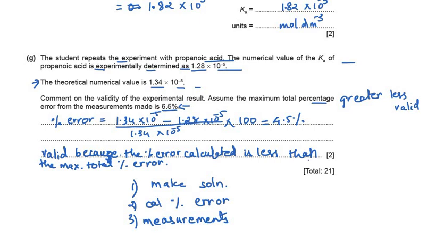Also you should know what the variables are: what is an independent variable, what is a dependent variable, what are controlled variables. All these are important points you should know. We also found out how to plot a graph and calculate the gradient.